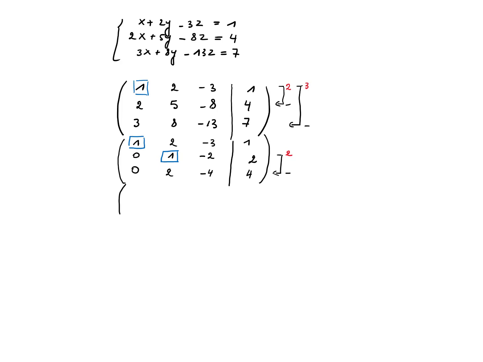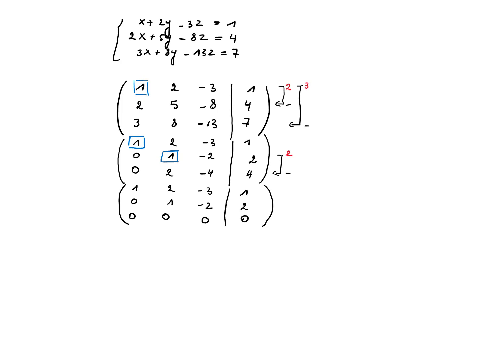And let's continue. Now I can copy the two first lines. Obviously I have 0 here, I will have a 0 over here, but I will also have a 0 over here and a 0 over here.